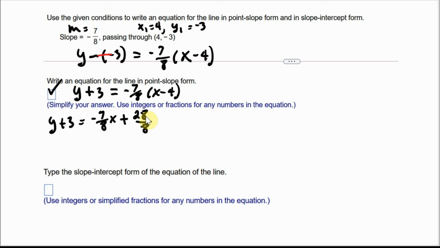So let's simplify that. Here, notice that in 28 and 8, what's common in those two numbers? 2. So you would say that this is what divided by what?